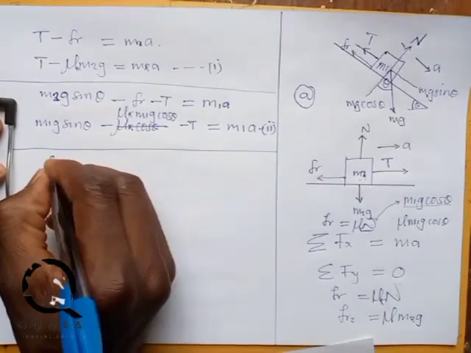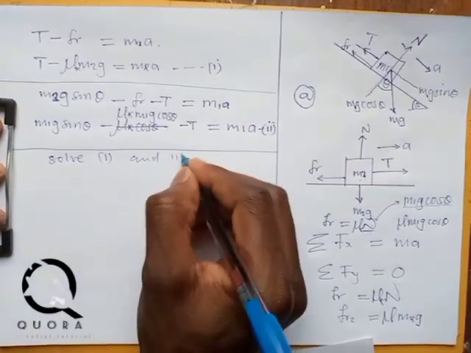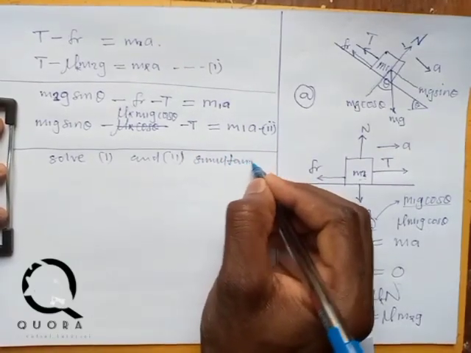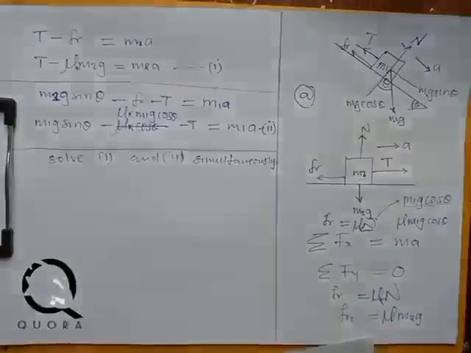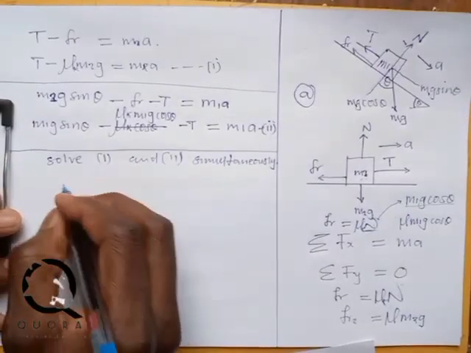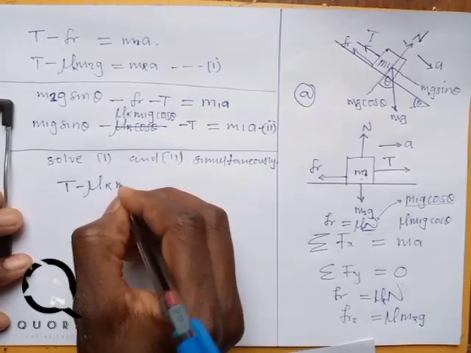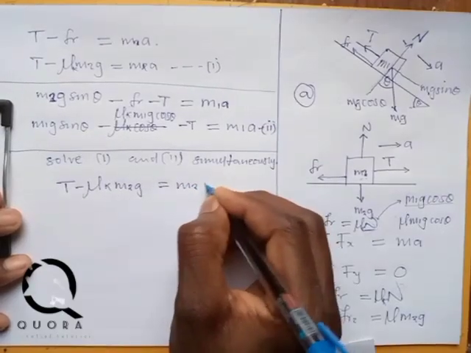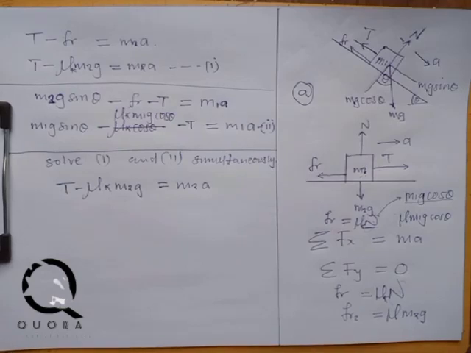Now I'll solve 1 and 2 simultaneously. I'll combine this equation and that equation. So T minus mu K M2 G has to be equal to M2 A. Remember, these two objects are going to have the same tension and the same acceleration.